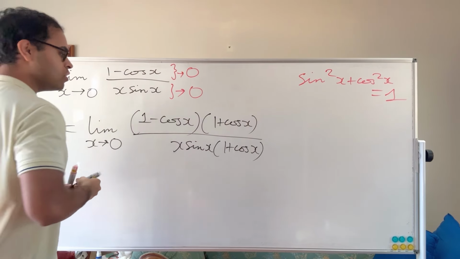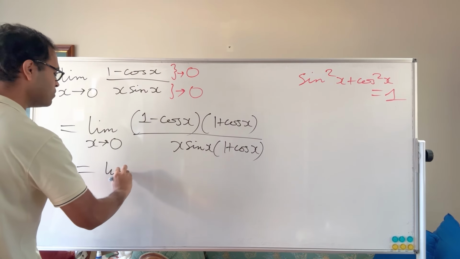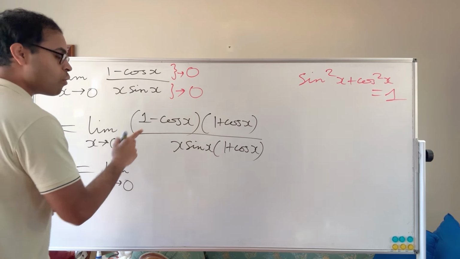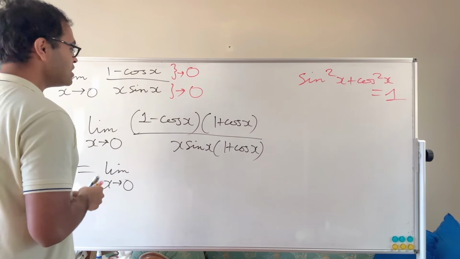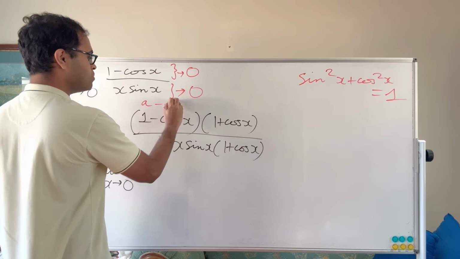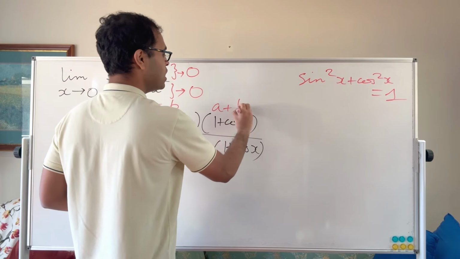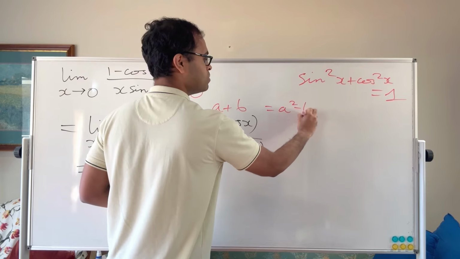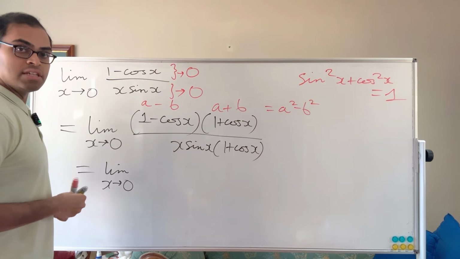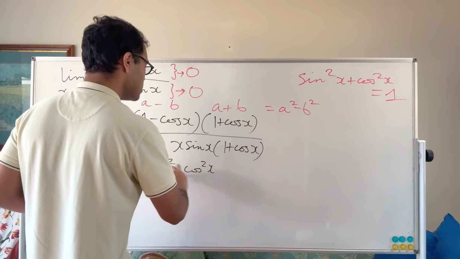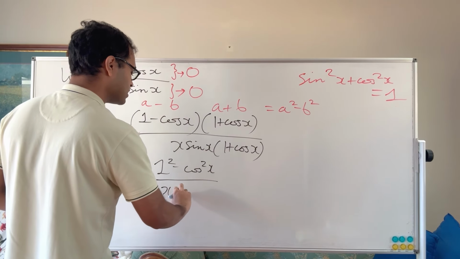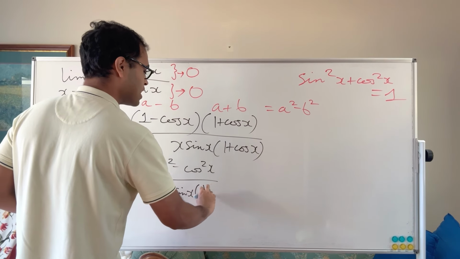And now we are very close to getting somewhere, because now we get limit x goes to 0 of 1 squared minus cosine squared x. The difference of squares formula basically tells us that a minus b times a plus b is equal to a squared minus b squared. Using that, we're going to get 1 squared minus cosine squared x, and that's going to be divided by x sine x times 1 plus cosine x.